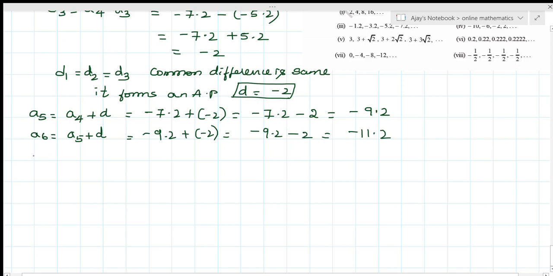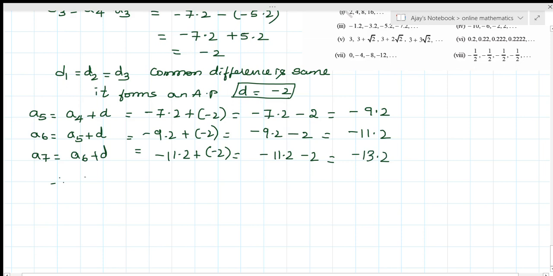So the next term is A7, that is A6 plus D. A6 is minus 11.2 plus of minus 2, that is minus 11.2 minus 2. I am adding 2 to 11, so it is minus 13.2. Hope you have understood it.